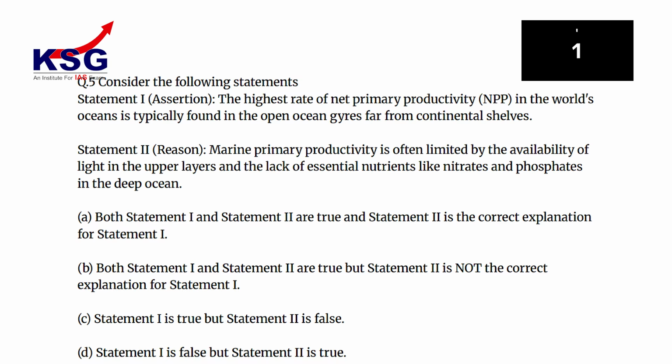In the fifth question, statement 1 is wrong, statement 2 is correct. If you know words like gyres that you have got, they are the ones where there's hardly any nutrition. Quite often they're called oceanic deserts because of lack of nutrition there.